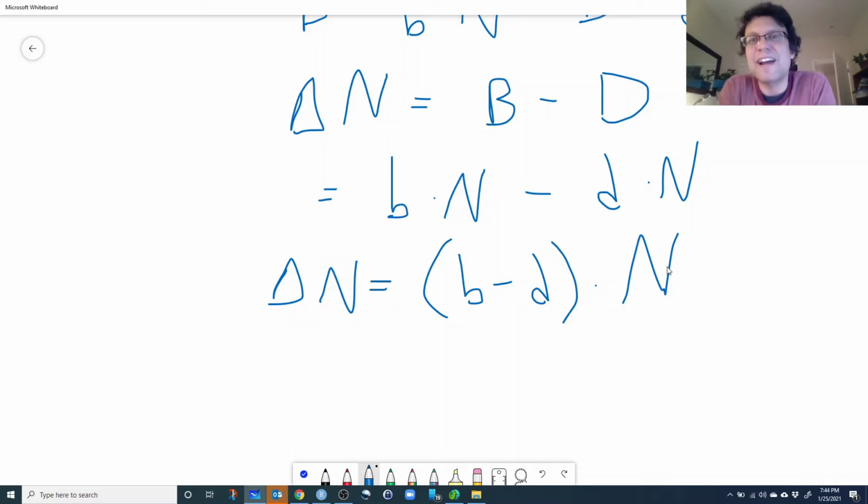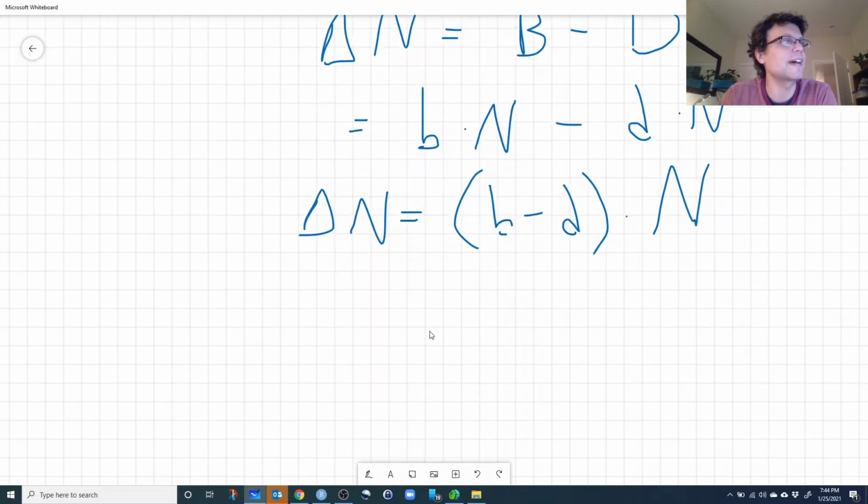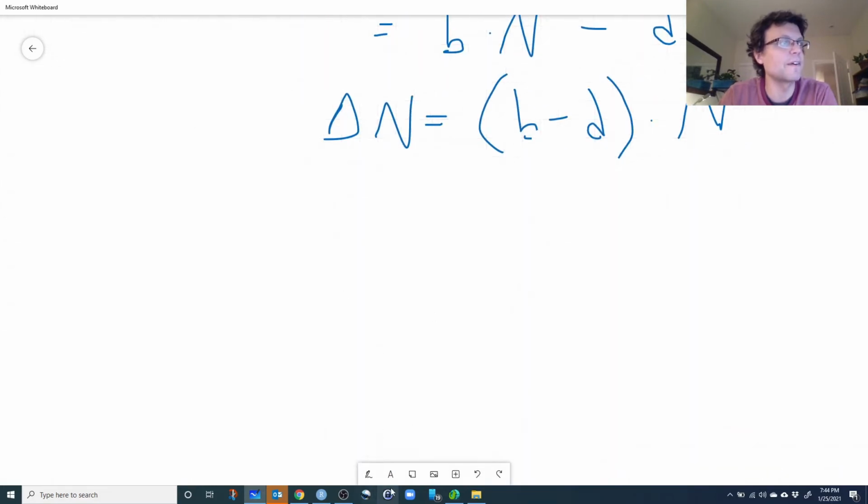Now both little b and little d are per capita rates. We've said that we can assume they're constant for the population. The per capita birth rate and per capita death rate don't really depend on the population size, at least in this very simple model. So both of those are constants. What can you do with two constants that are being subtracted? We'll just make that a new constant, and we can define that constant as little r.